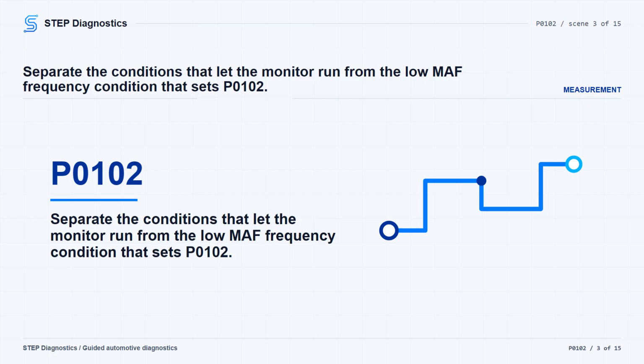For P0102, the setting point is MAF sensor equal to or less than 850 Hz for greater than 6 seconds. On the scan tool, the MAF parameter normal range is 8 to 20 grams per second, 2700 to 3860 Hz. Use those numbers to understand the fault, but let the circuit tests prove the cause.